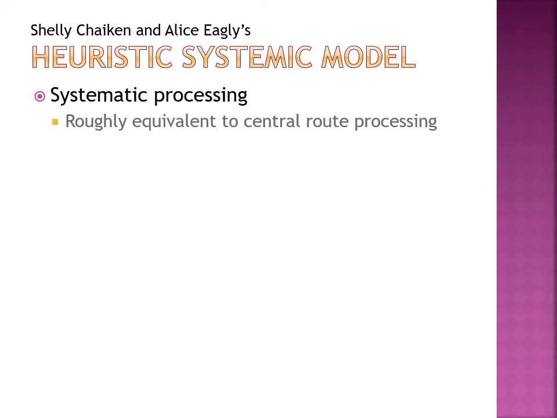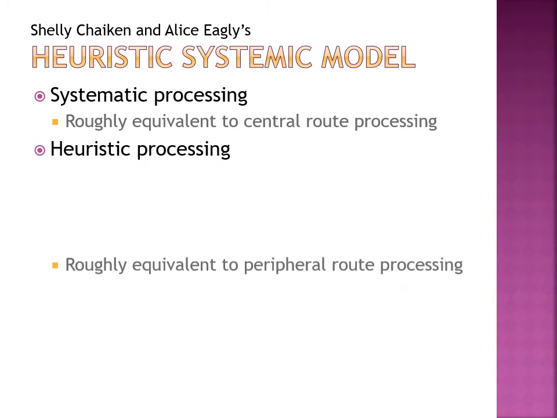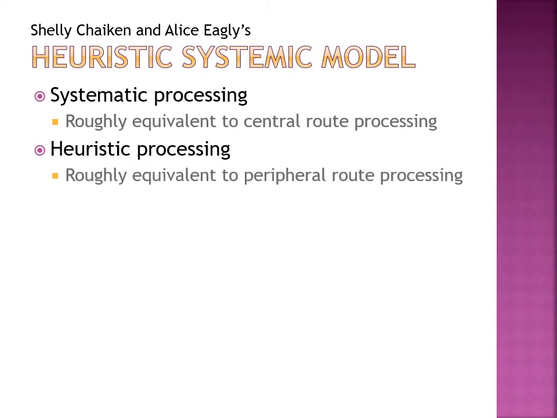Maybe it's a biased processing or an unbiased processing, but either direction, we're working at thinking critically to make sense of a message that has been presented to us. Scheichen and Egley also hypothesized that some people do what they called heuristic processing, and that's pretty much the same as peripheral route processing, just with a different name.